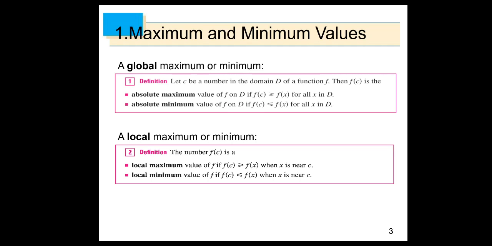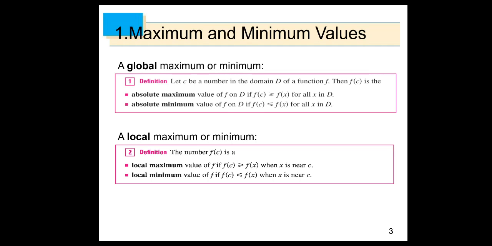So what happens in this particular type of maximum and minimum value is we take the highest value of our function and the lowest value of our function. When we see the definition over here, it says let c be a number in the domain D of function f, right?